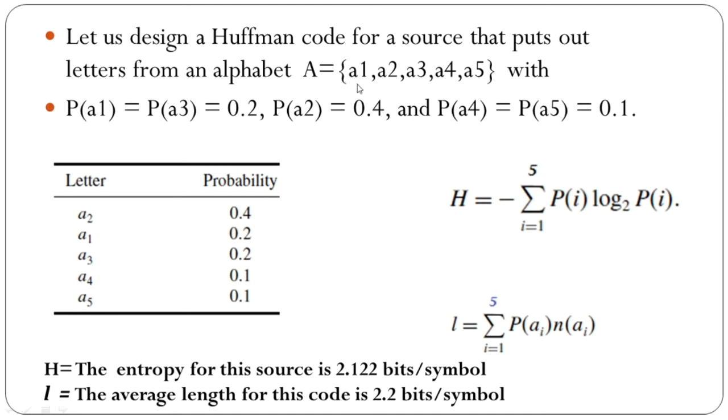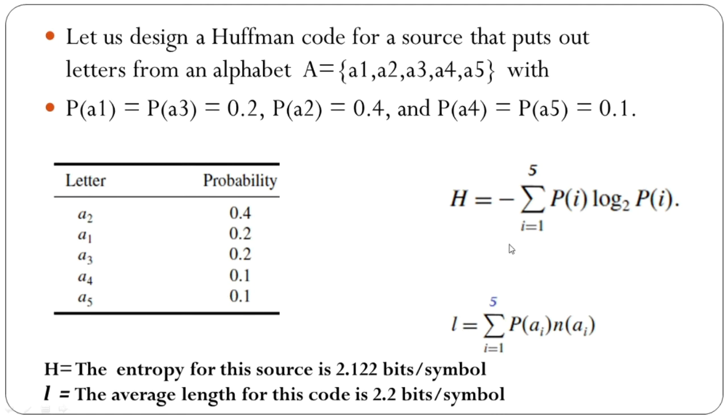Alphabet A is given as the set A1, A2, A3, A4 and A5 with probabilities: P of A1 equals P of A3 equals 0.2, P of A2 equals 0.4, and P of A4 equals P of A5 equals 0.1. We can write the letters and probabilities in tabular form: A2 is 0.4, A1 is 0.2, A3 is 0.2, A4 is 0.1 and A5 is 0.1.